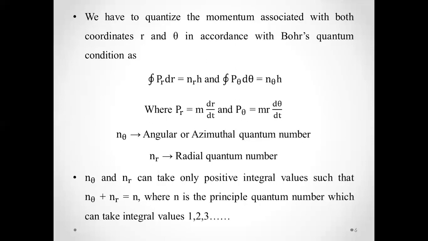Here, n theta is the angular or azimuthal quantum number, and nr is the radial quantum number.